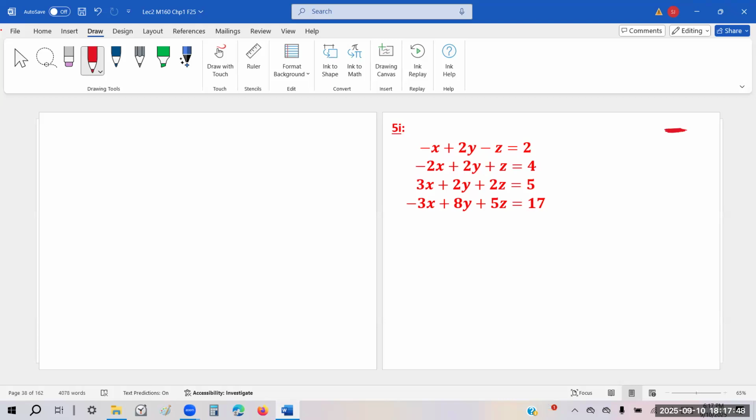Depends. If you're multiplying by a negative number, every element in that row will change. But if you're multiplying by a positive number, then the sign will not change.